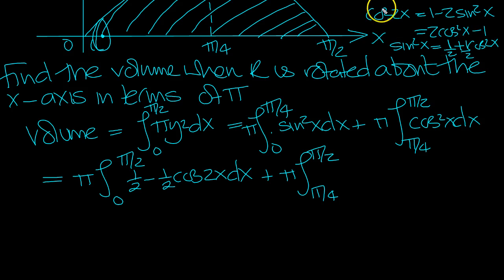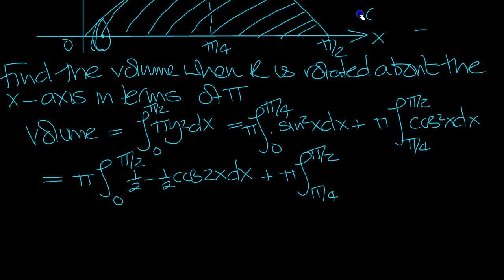Divide by 2, we get cos squared is half plus half cos 2x. So just bear that in mind, just a bit of rough working here, so that we could remember what double angle formulas give. So it's half plus half cosine 2x dx.